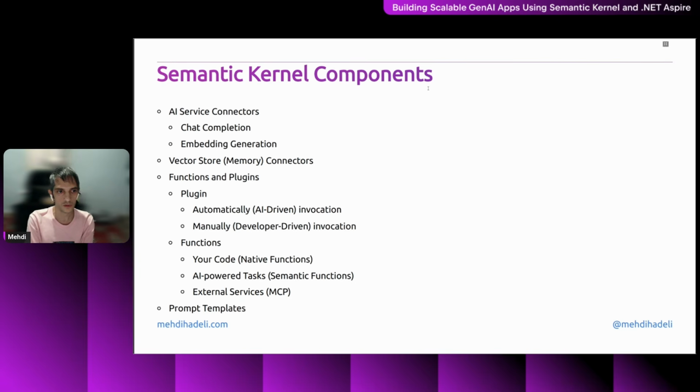All of these connectors are supported by Semantic Kernel, and you can use them based on your needs. Mostly I prefer to use Qdrant because it has a lot of features and is very good to use. I think it's the best vector store to use currently, and I'm very happy with it. In our sample we also use Qdrant.